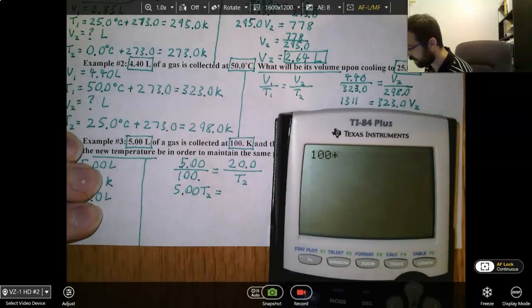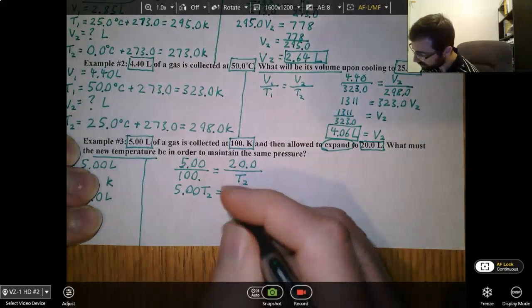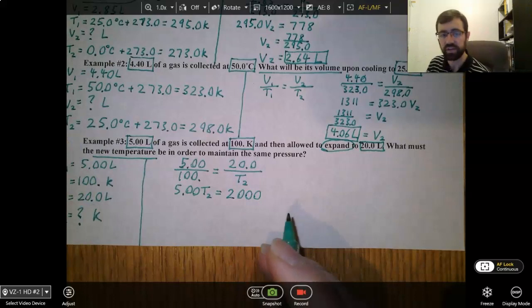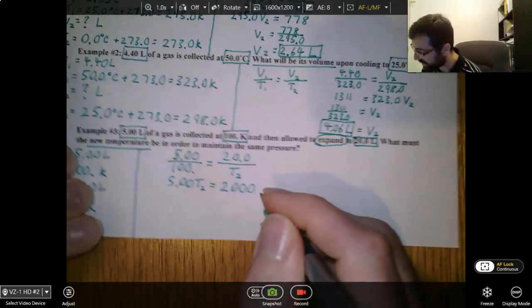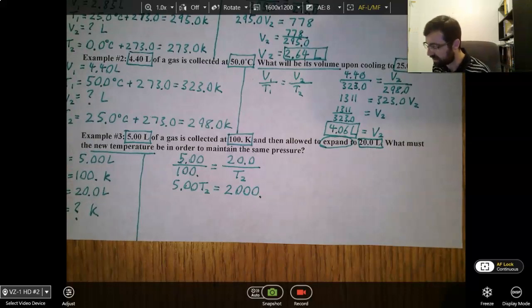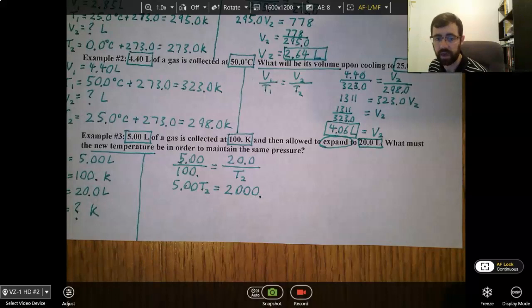Obviously, that's going to be about 2,000. Well, I can't actually show 3 sig figs there, so I could go ahead and just do that to remind myself I've got more than enough sig figs here. I'm going to round to 3 sig figs in the end. That's what really matters, okay?